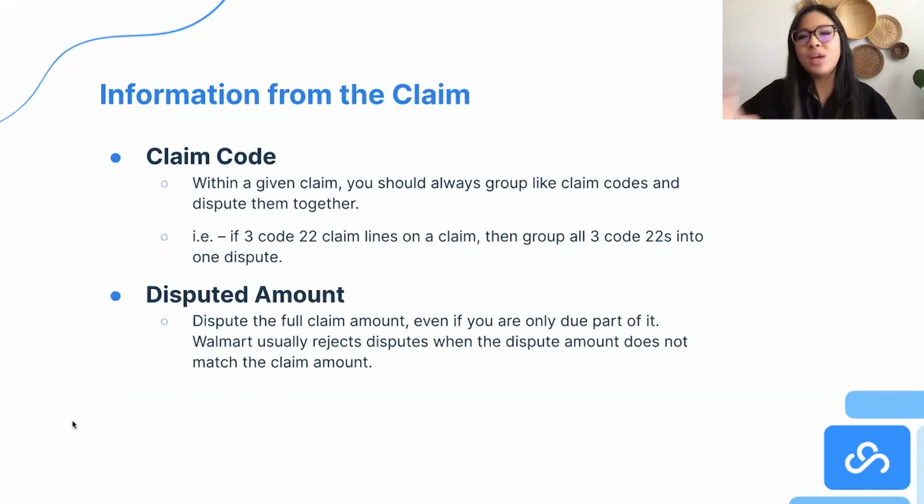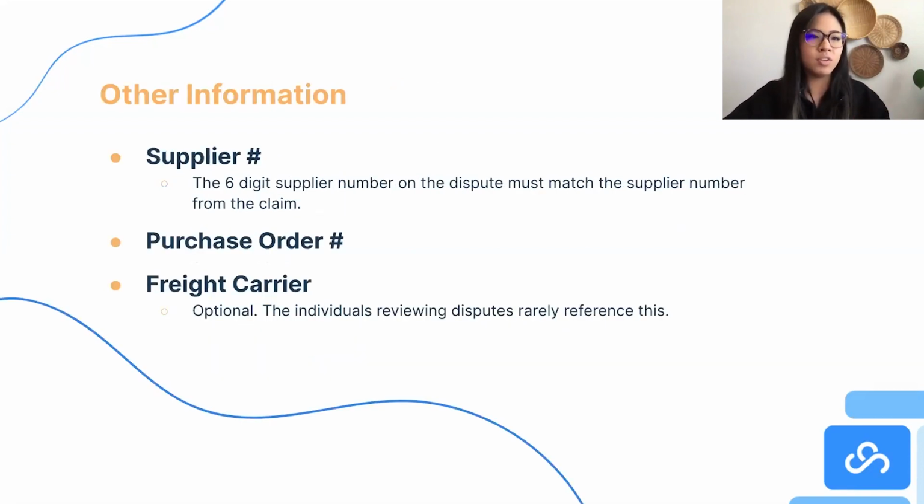If the claim from Walmart was $100 and you're only owed 50, Walmart will say, 50 and 100 don't match, there's something going on here, we're just going to reject it. So go ahead and dispute the full claim amount. That way, it's one less barrier to entry. And even if you truly only owe that 50 in the proof documentation, the Genpact team will know that and they will only pay you back on that $50.